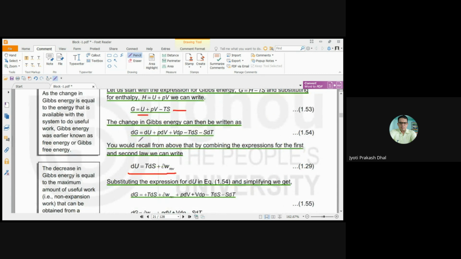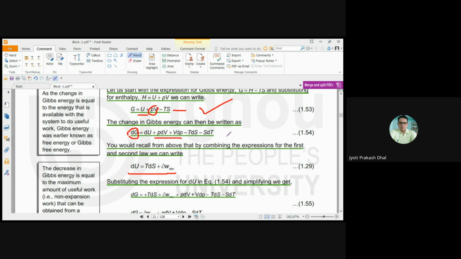Now if you take the differential of this equation, the left hand side will become dG and the right hand side will become dU plus PdV plus VdP, because the PV term is there, and again the TS term is there, so that will become minus of TdS plus SdT.